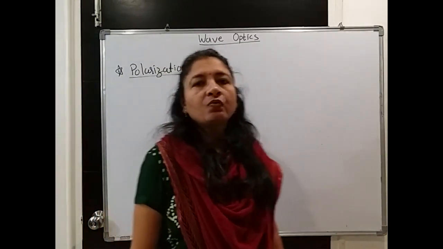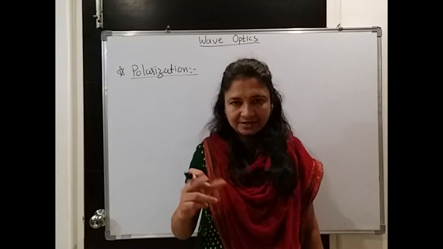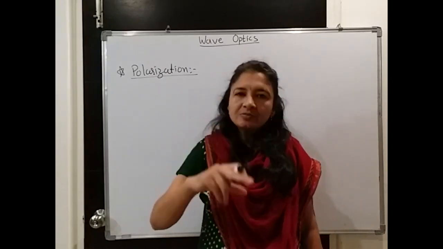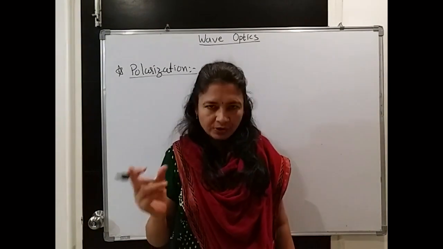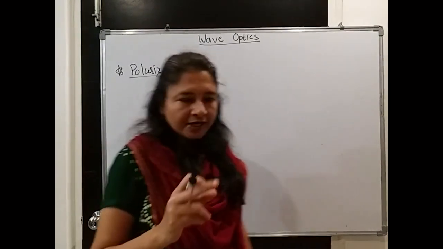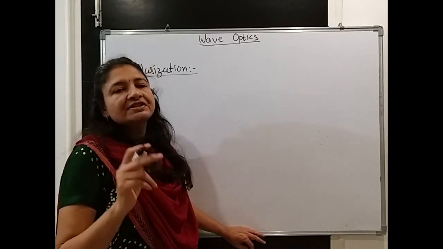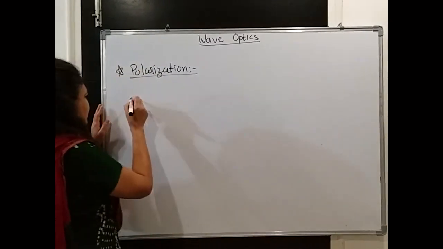Okay. Now what is the polarizer? Once again, it is the device which converts unpolarized light into polarized light. Now, every polarizer has its own axis, which is known as optic axis.